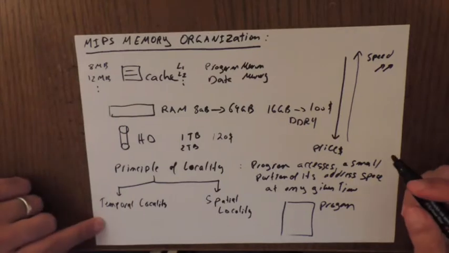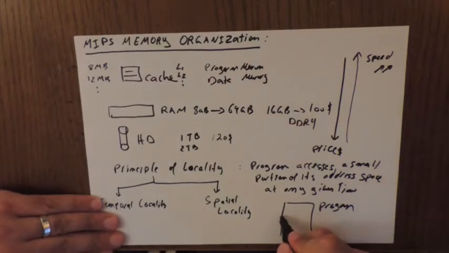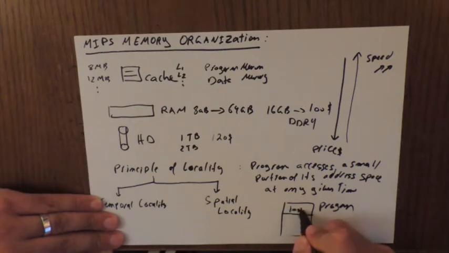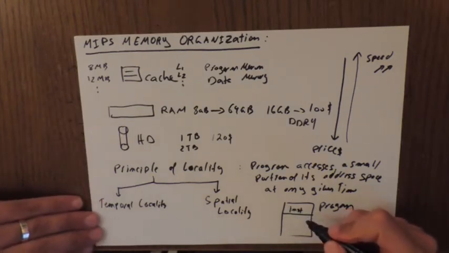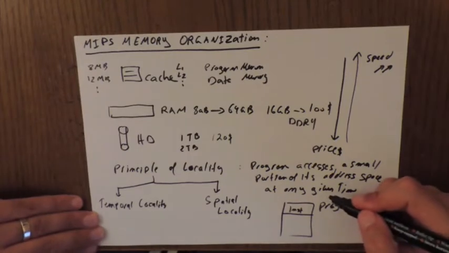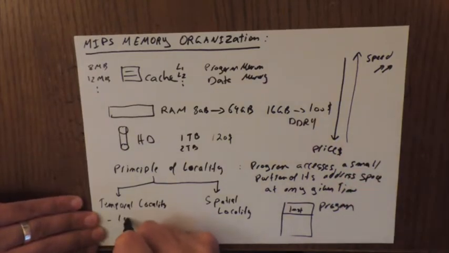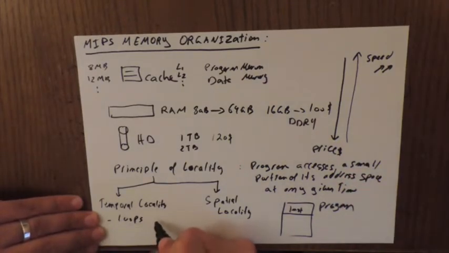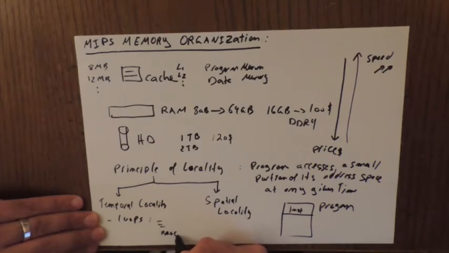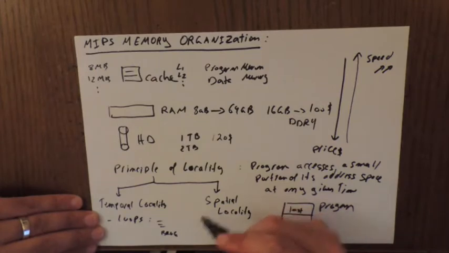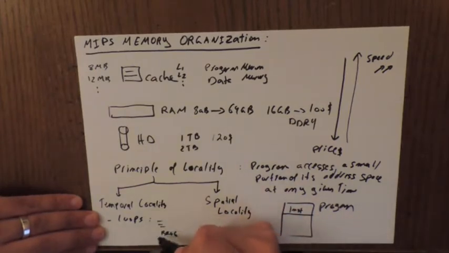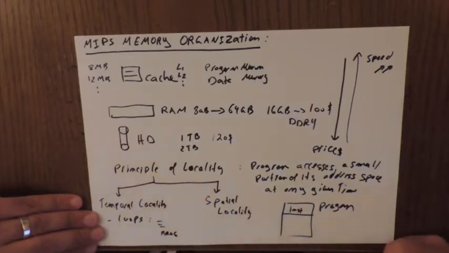Temporal locality means that if there is an instruction that I have accessed, most probably I will access it in the near future. And this is true in loops. When we have a loop repeating 1,000 times, this means those 4 instructions are going to be accessed more often than the rest of the program.